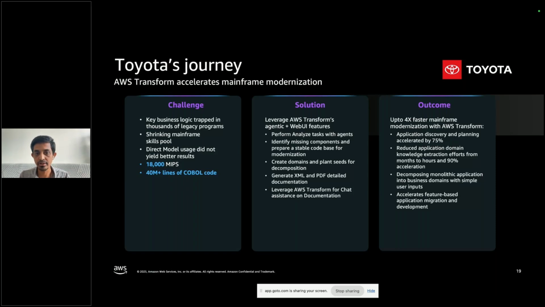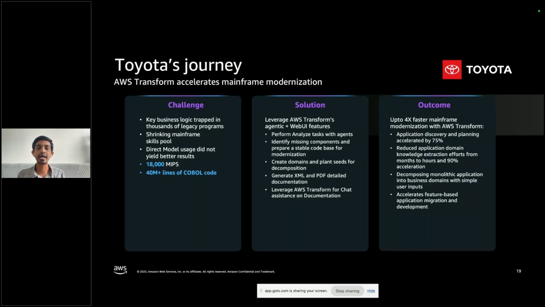And with AWS Transform as a solution, we were able to reduce their discovery and planning of the mainframe modernization journey by 75%. We were able to extract the knowledge of the application, improving the productivity of their business users and the modernization expert. That saved efforts which could have cost months, which is now reduced into hours, close to 90%.